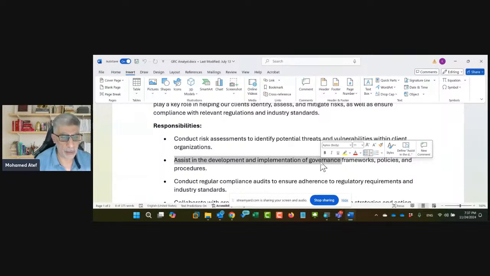The compliance level will increase. You will prevent your company from getting into legal problems and financial penalties and so on. And this is what any organization is looking for. No one wants their company to go into legal and financial problems and lose the reputation with their customers. This can only be done if you implement governance the right way.